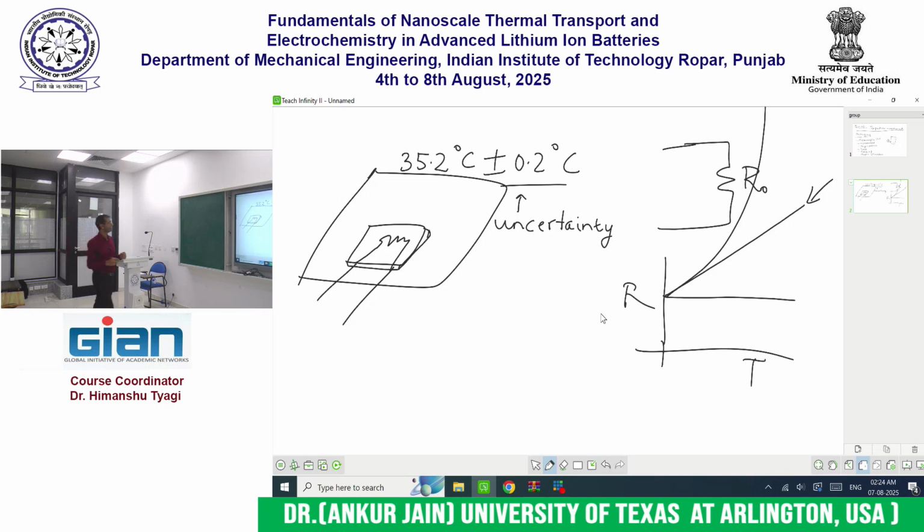So, I need a current source and then I need to attach a voltmeter in order to measure that voltage.